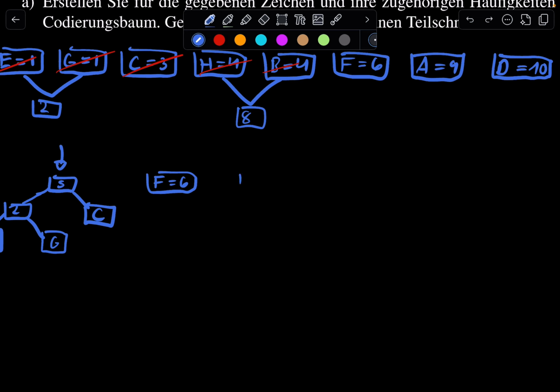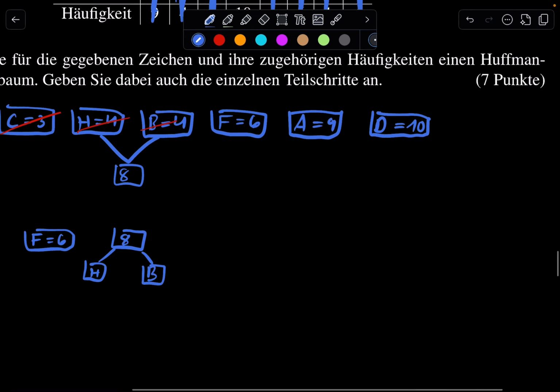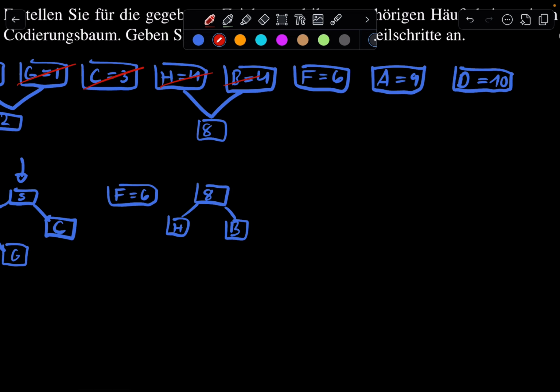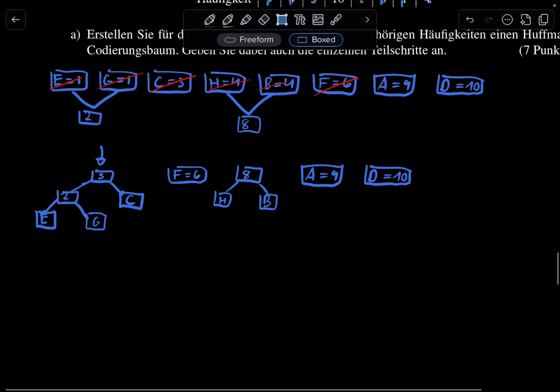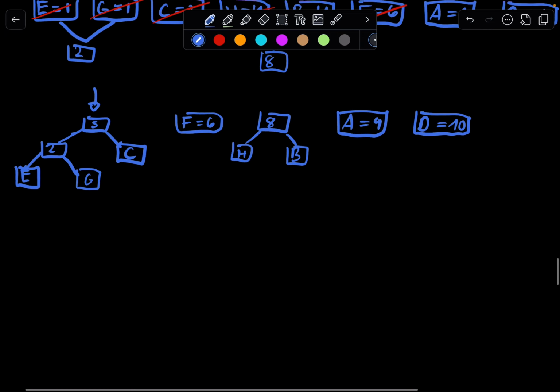And then we have 8, which has H and B. And yeah, we have these two guys as well, still. And then we can just rewrite this. This is going to be 11, so we're going to have 11 and 8. So we can add them up. So it's going to be 19.